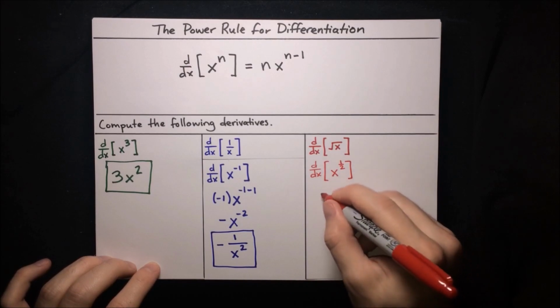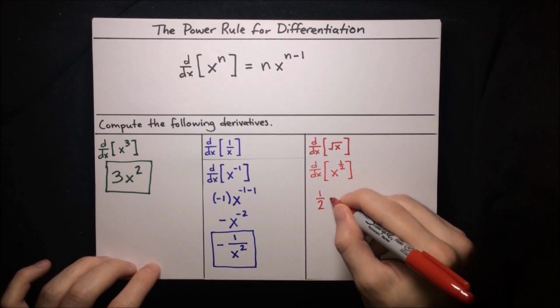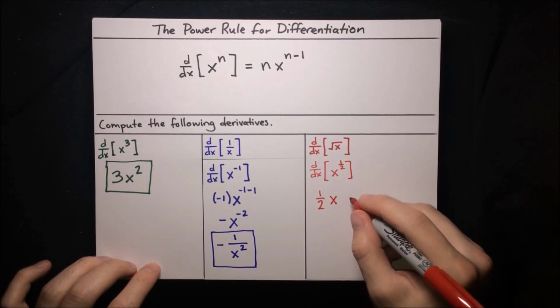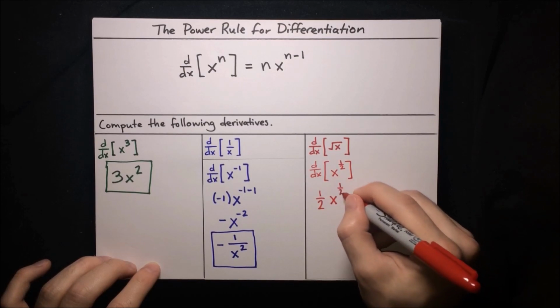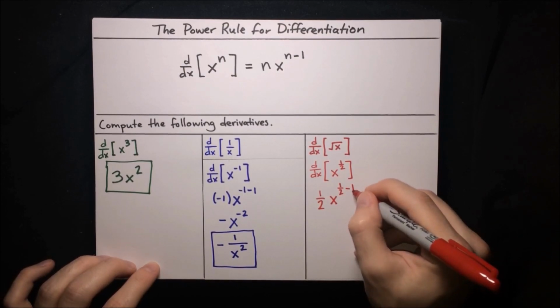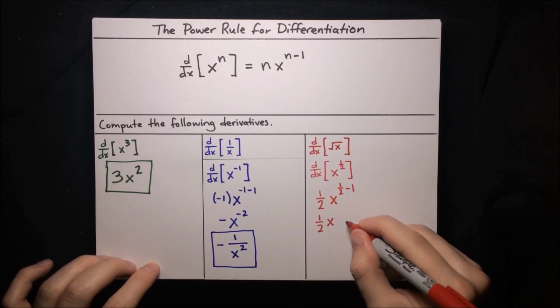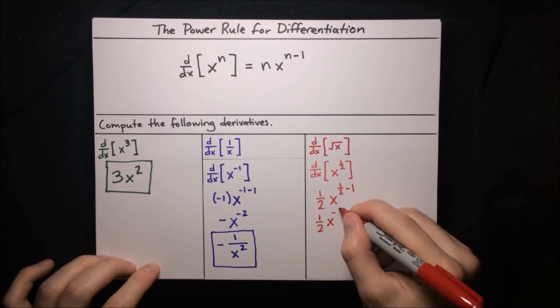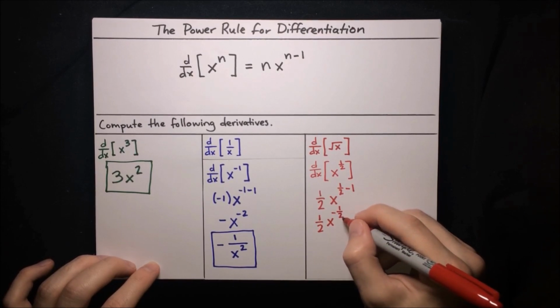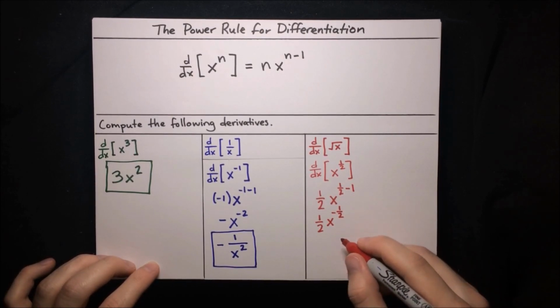Just bring down that exponent, a half, and then x, and then original exponent minus 1. So 1 half minus 1. So simplifying, we've got 1 half times x. A half minus 1 is just negative a half. So to the negative a half power. Let's write this again, but as a positive exponent with the x.